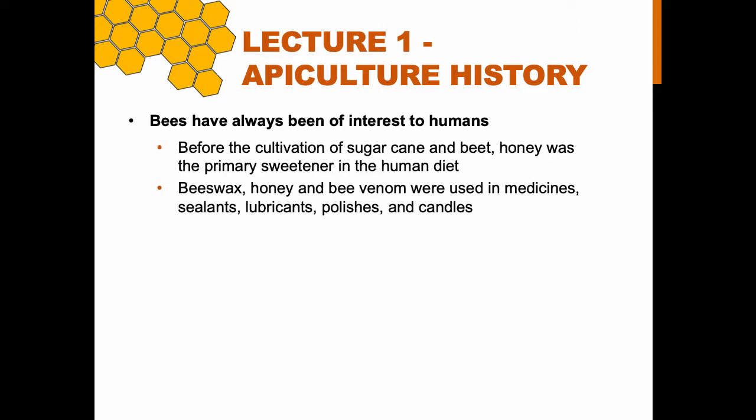But either way, point being that for a long time, if you wanted sugar, you had to have bees. Beyond that, beeswax, bee venom, honey, pollen, all the things that came from beehives were important resources in medicines, lubricants, polishes, candles, all sorts of things. So basically, bees were a tremendous resource for people for a very long time.